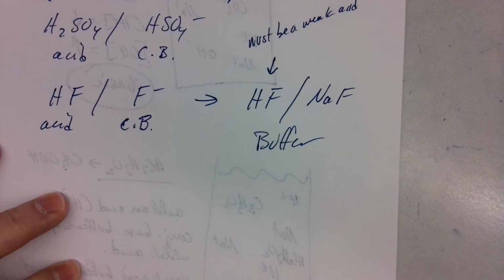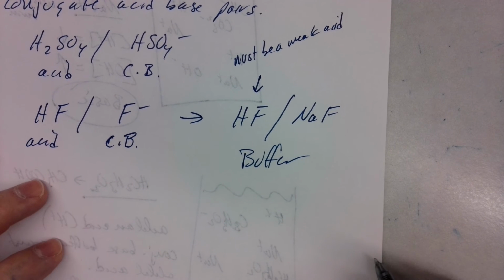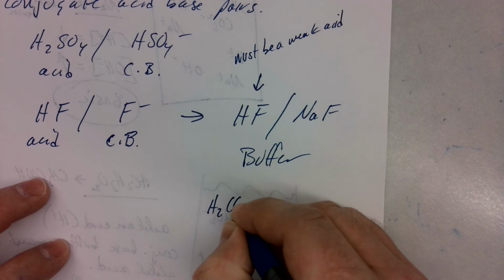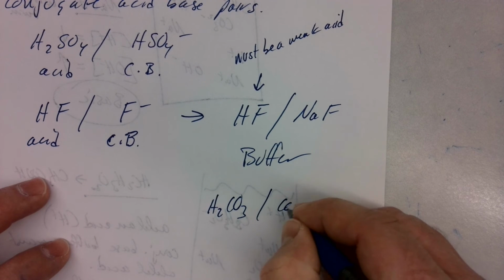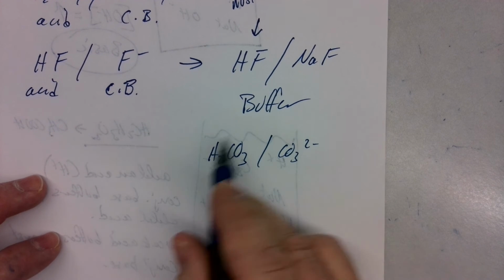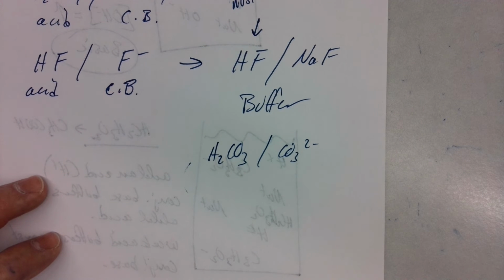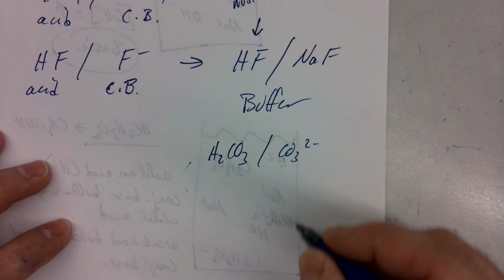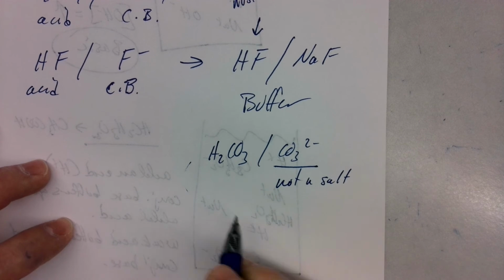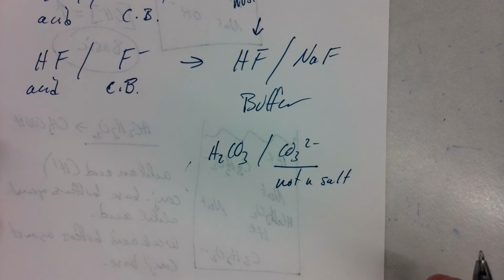And then one of the ones is something like this. Like they did H2CO3 and CO3 2 negative. Is this a buffer? No. Why not? There's not a salt. Exactly, and that's the thing. This is not a salt. This could be conjugates maybe.